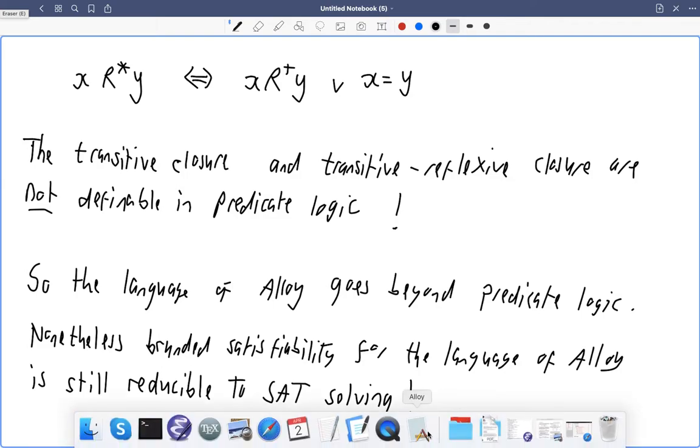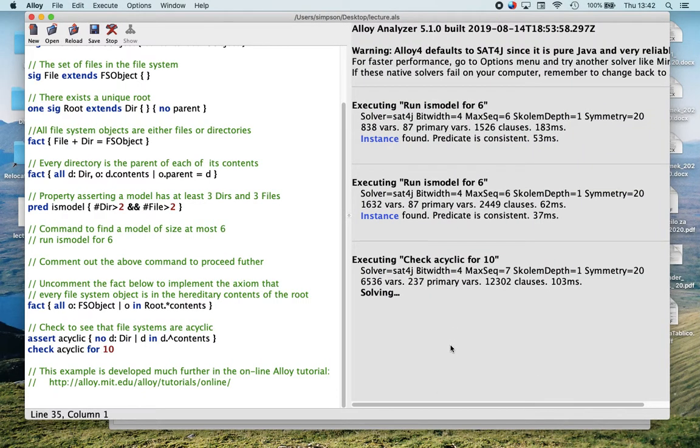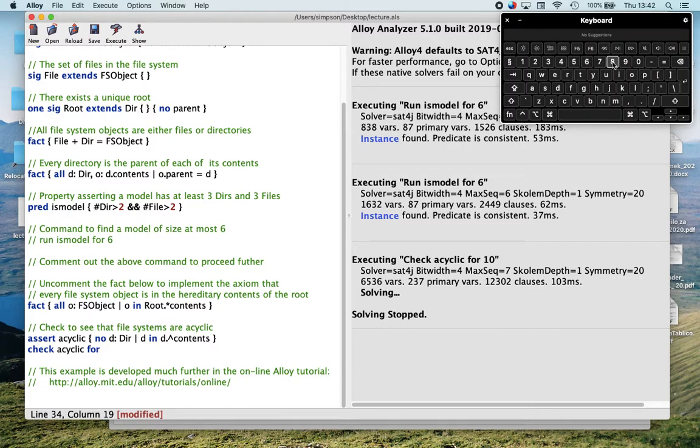Okay, let's just go back to Alloy to see if it's answered our query yet. Oh, unfortunately it hasn't. So let's stop it. So solving stopped. Well, I could go down to 9, but I don't know. I had 8 in there for a good reason. So let's insert 8, and save that, and let's ask whether or not the acyclicity property is true for all models of size less than or equal to 8.